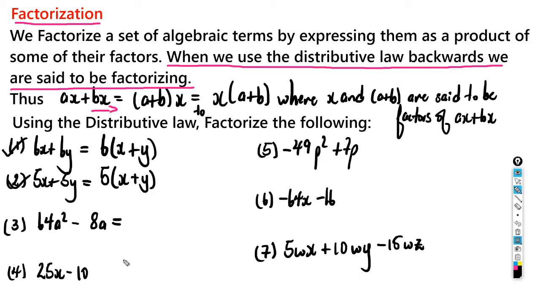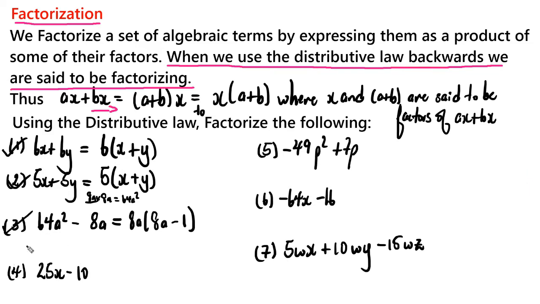Now for this one, we can clearly see that we have 64a squared, and we have minus 8a. But if you multiply 8a by 8a, you actually would get 64a squared. So clearly the factor we want is 8a. We can factorize 8a out of this expression, and we would get 8a minus 1, and that would give us the solution for this question.